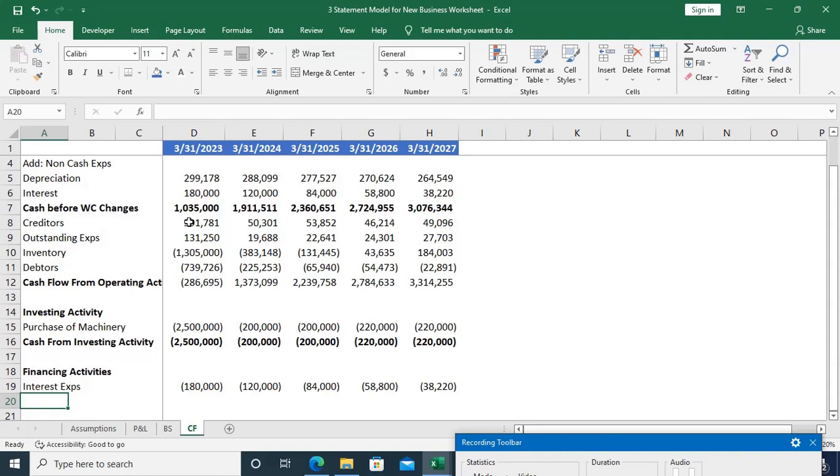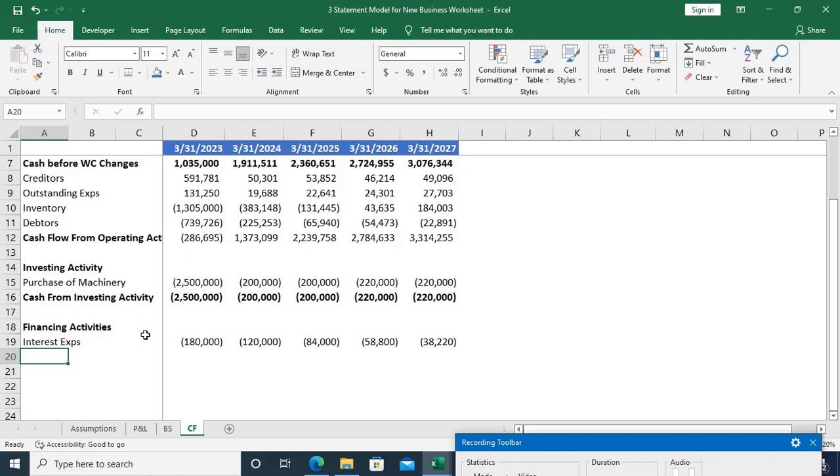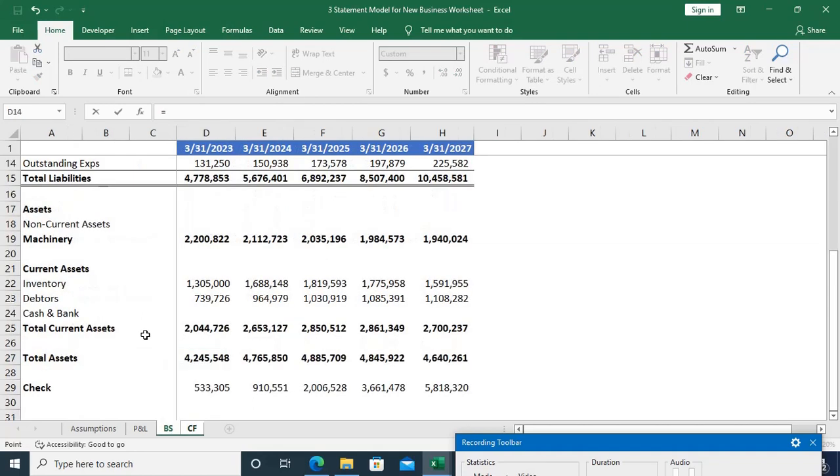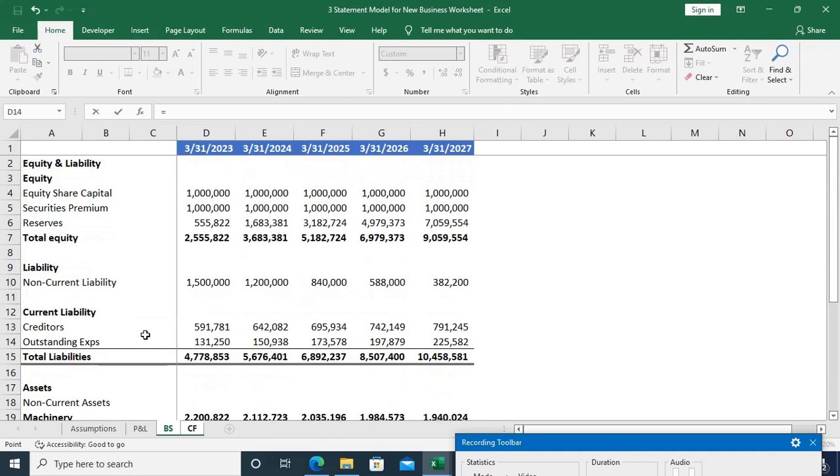Then financing activity, what was done? We issued some equity shares in the very first year. So issue of shares, we issued some shares. From where can I get the issue of shares?